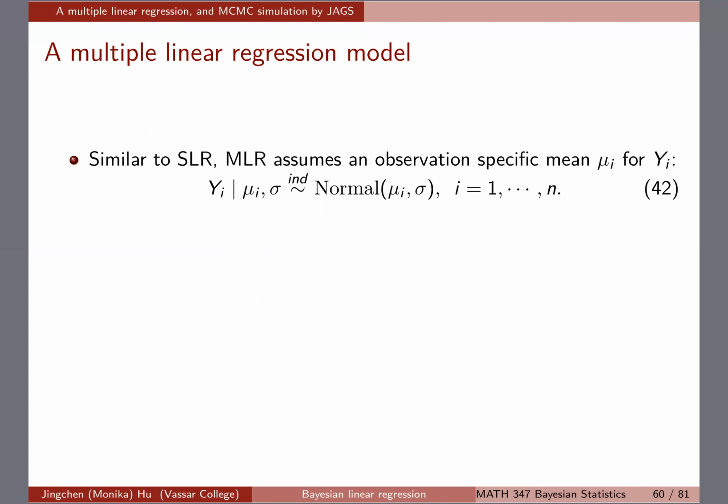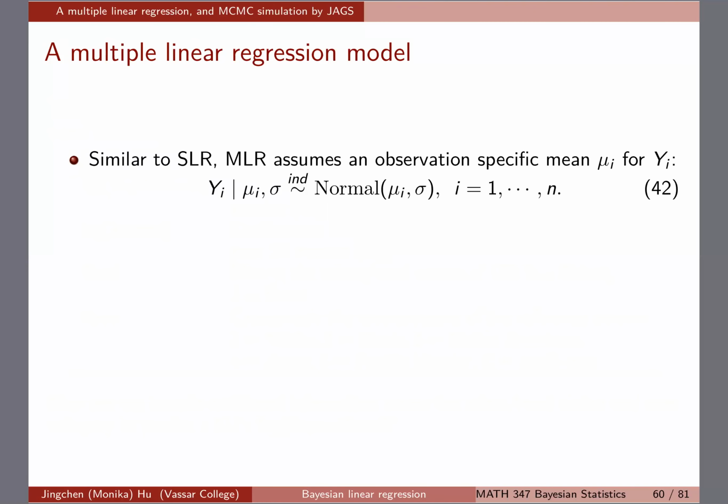All right, so when we're working with multiple linear regression, pretty similarly to the simple linear regression, we're still assuming this overall normal model. Sigma, the standard deviation of each observation, is still shared. But we have this mu_i, which is the observation-specific mean. In the past, we only had one predictor, so mu_i was beta_0 plus beta_1 times x_i.